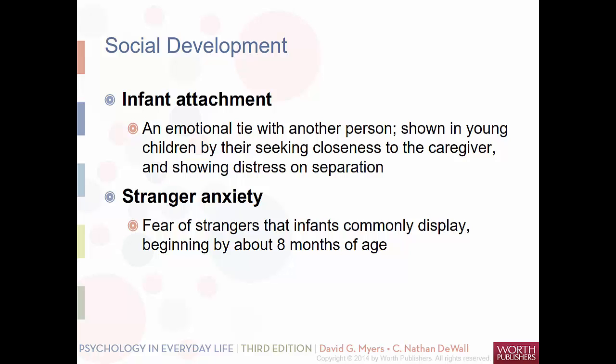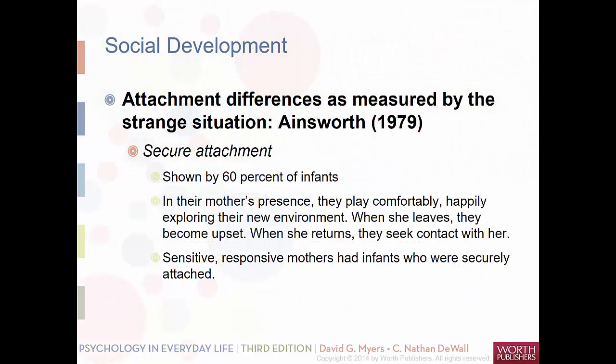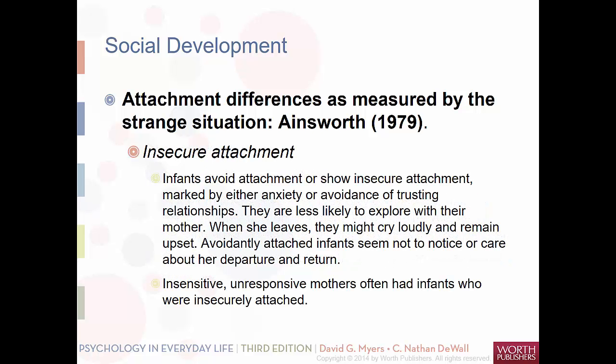Children begin to fear strangers at about 8 months. Secure attachment is when children feel comfortable with their mothers. They play happily when their mothers are there. Insecure attachment is when you have unresponsive mothers.